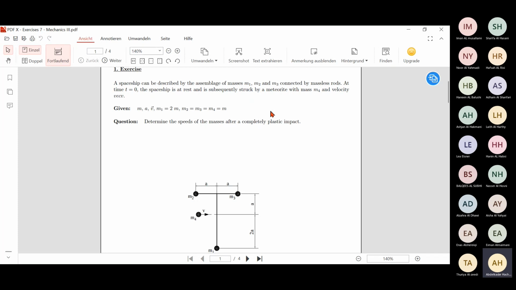Using now the formulas which are given for the plastic impact, before that we have here to determine from the momentum of momentum, and after this we look at the formula of momentum to determine using this method.